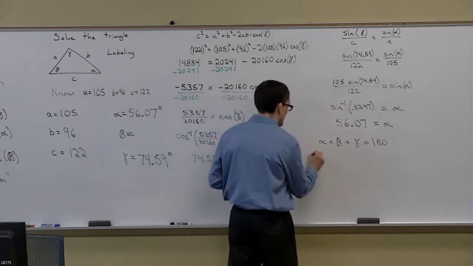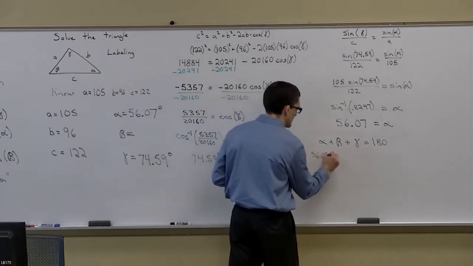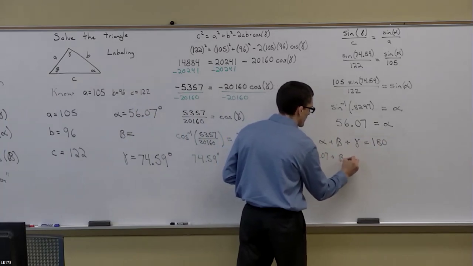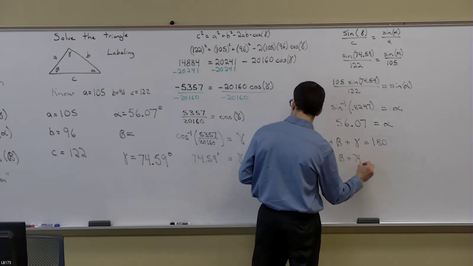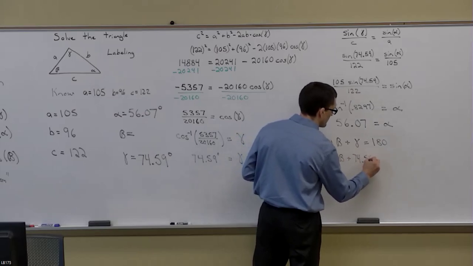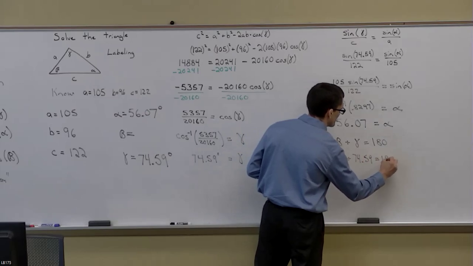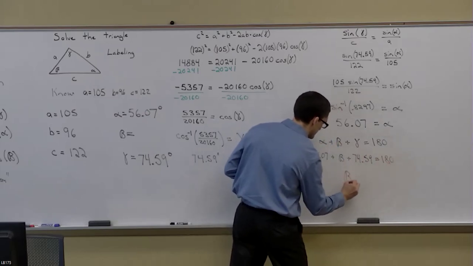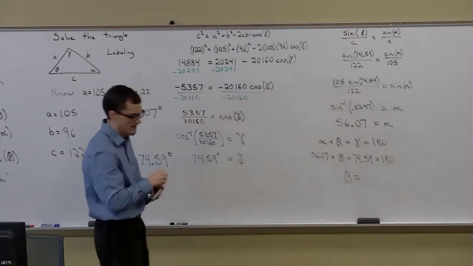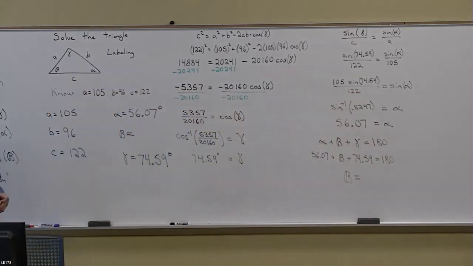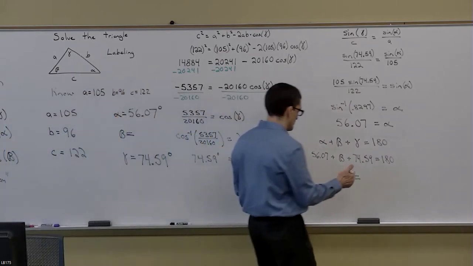So now that I have 56.07 as my alpha, and 74.59 as my gamma, I can use those to find beta. And it looks like 49.34 is my beta.